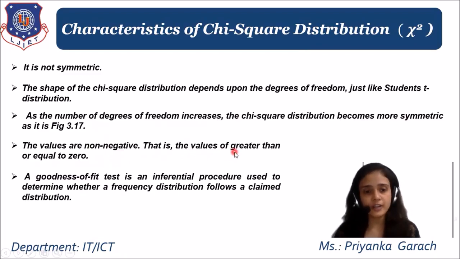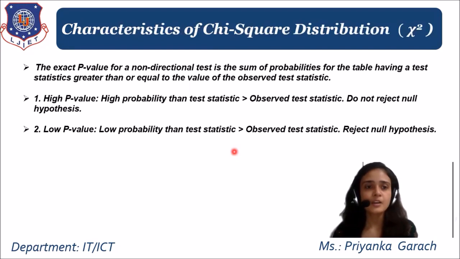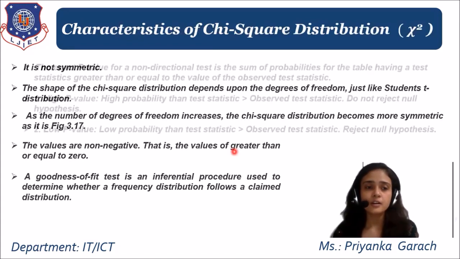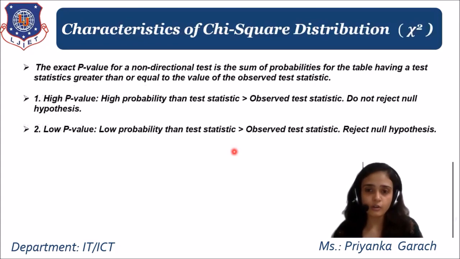Also, a goodness of fit test is an inferential procedure used to determine whether a frequency distribution follows a claimed distribution or not. So over here, when to reject or when to accept the values in the chi-square distribution. It is given like this: for a high p-value, it means a high probability for this test statistic.